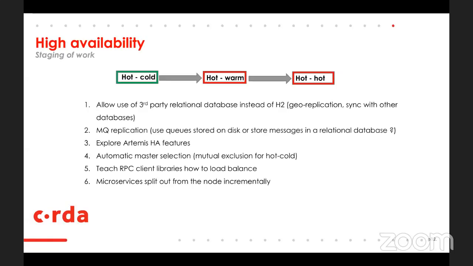So this is one thing that we want to explore further. The next step was automatic master selection. In case of a cluster of nodes, we do want to be able to decide which is the primary node, especially in hot, cold, or hot, warm situations. At the moment, we implemented something called mutual exclusion for hot, cold.